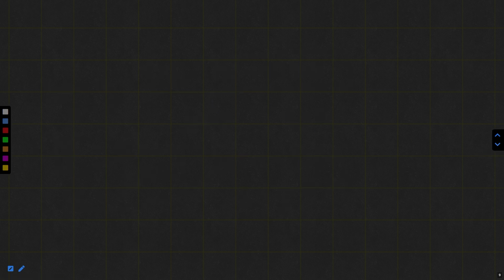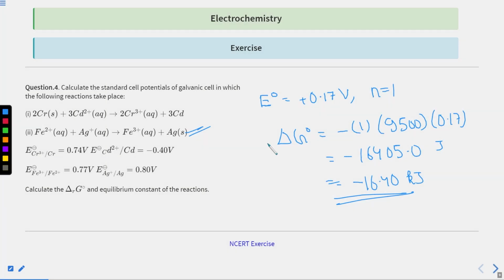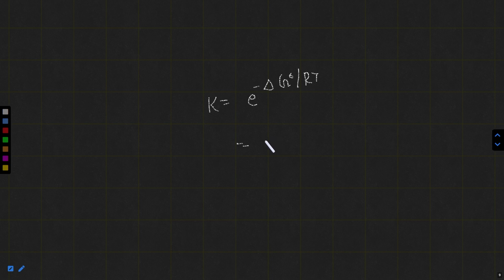To find the value of K, we have to take it as e to the power minus delta G naught by RT. Just put the values. So we get minus 16.40. What will be the value of R?